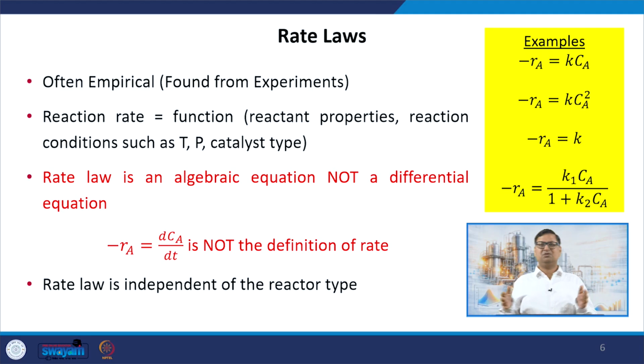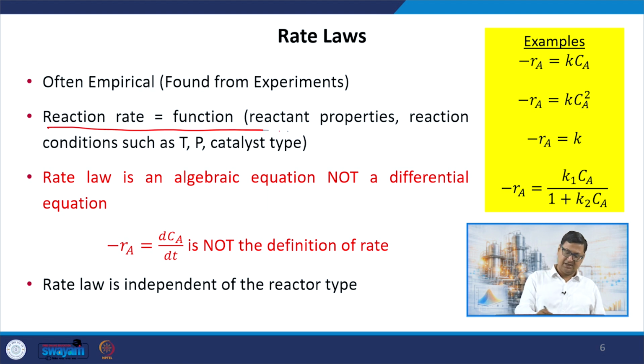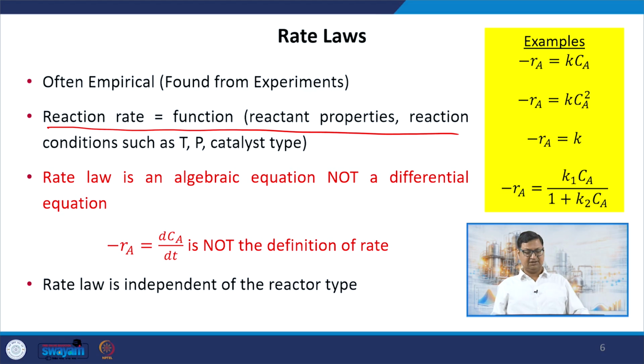They have to come from experimental data, but nowadays people are also getting them from quantum chemistry kind of calculations, right. But mostly all the rate laws that you see in literature are probably coming from experimental studies. So, reaction rate is a function of the properties of the reactant and the conditions such as temperature, pressure, catalyst and so on, and that is what is called the rate law.